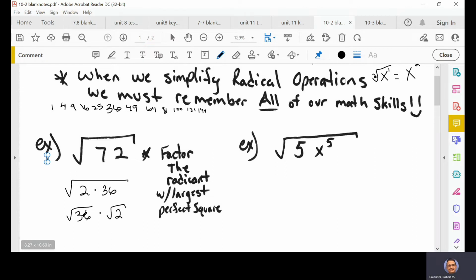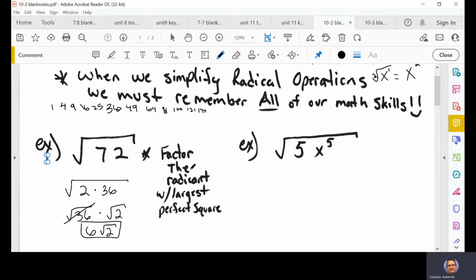Then I can actually take the square root of 36. If you put this in your calculator, the square root of 36 is 6. Nothing can be done to that. That's as small as it can get. 6 square root of 2. And like that, boom, you have just simplified your first radical.